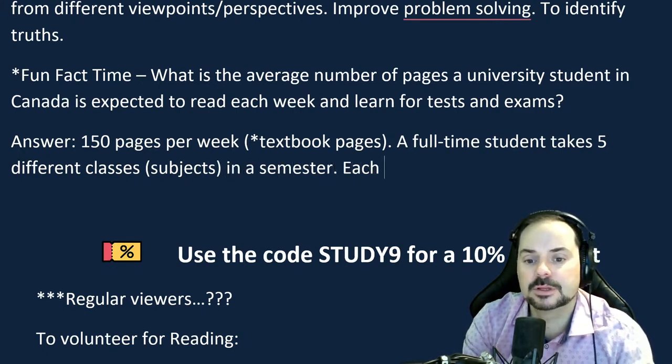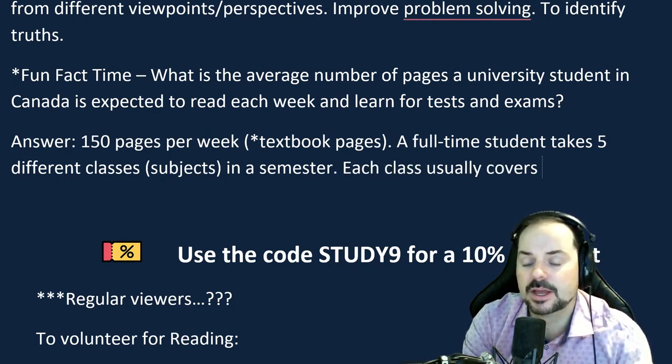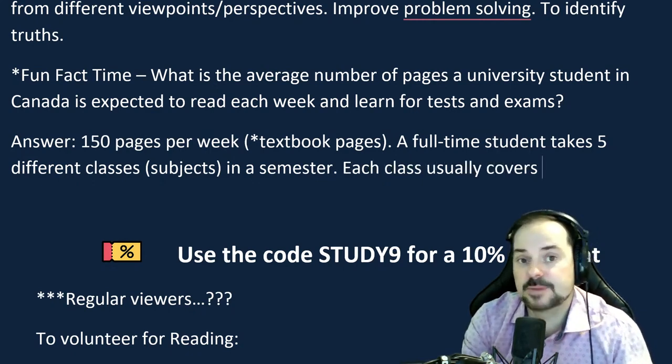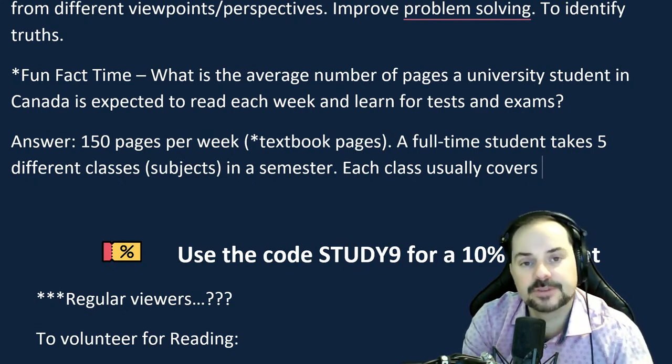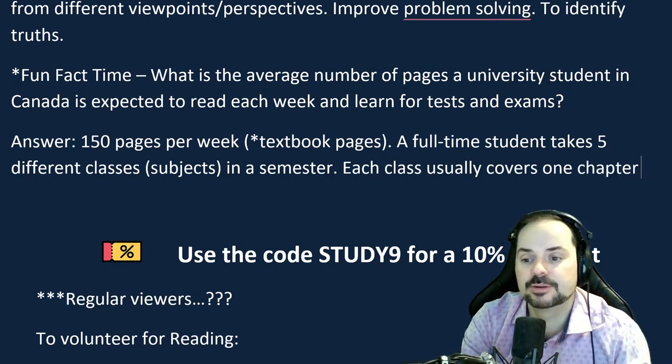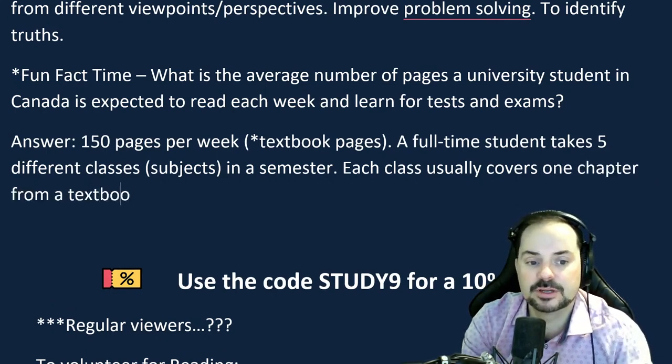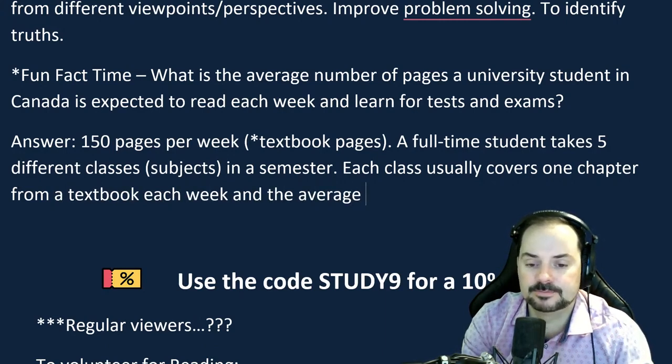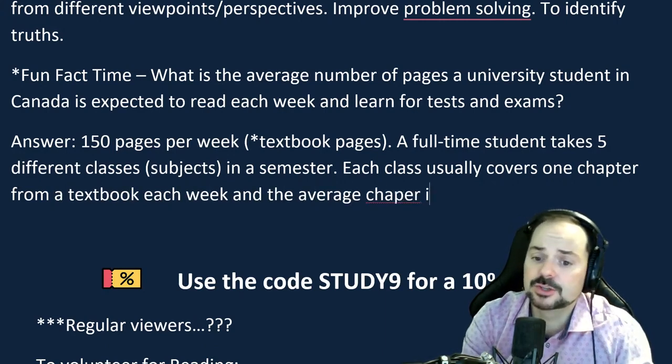Each class usually covers, and you'll notice this especially for first and second year, it's very, very true, one chapter from a textbook each week. And the average chapter is 30 pages.